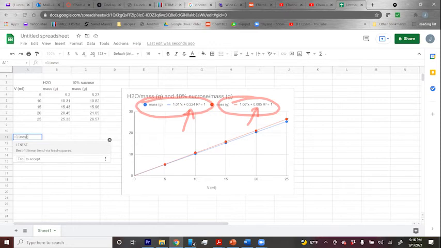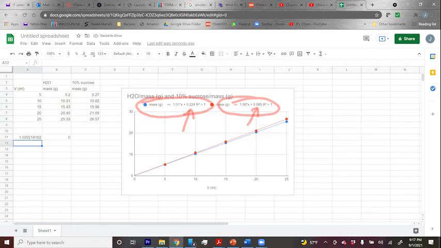Best fit linear bracket, and then show it where the Y data is, and then comma, and then where the X data is, comma, false. And hit enter. You see the changes a little bit.